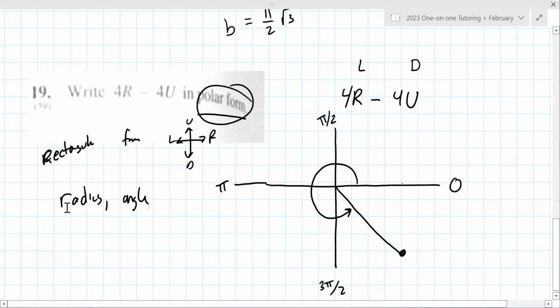So what you do is you spin and then you move out a certain amount. You can get to the same place by spinning and then walking straight out. Does that make sense? It's weird. You might ask, why would you ever do that? Well, it depends on the problem that you're doing.